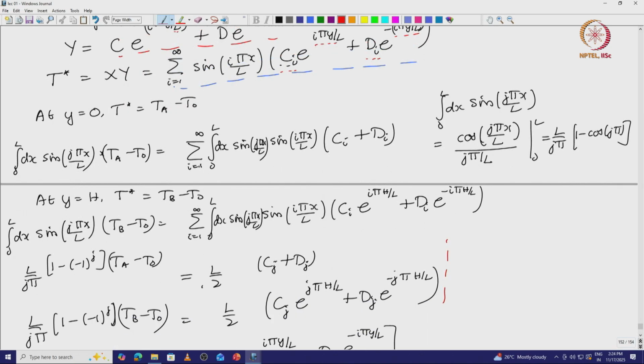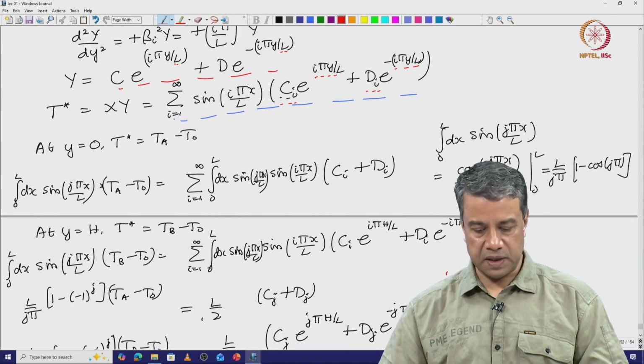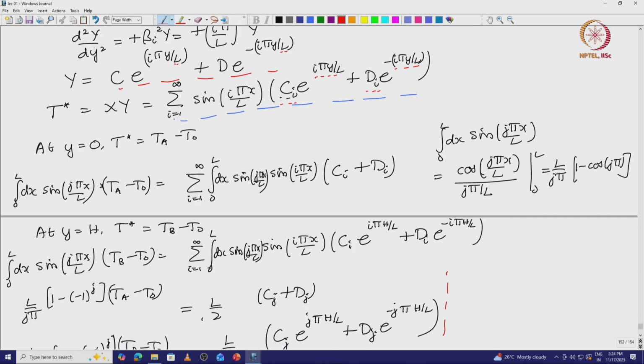That is, Ta minus T naught is equal to Ci plus di into e power i pi 0 by L. So, if you write down the y boundary conditions here, the boundary conditions are of this form.